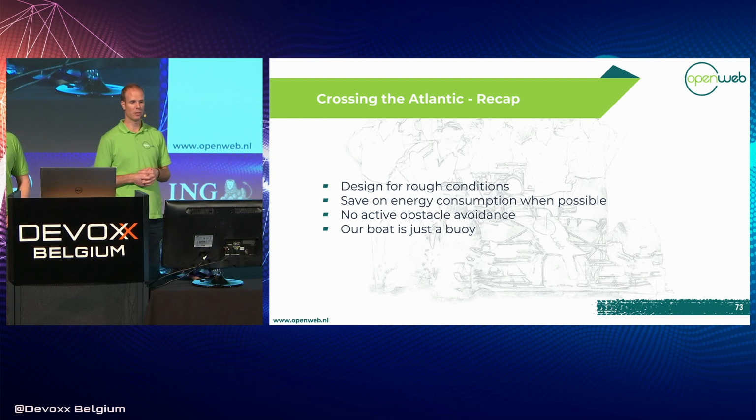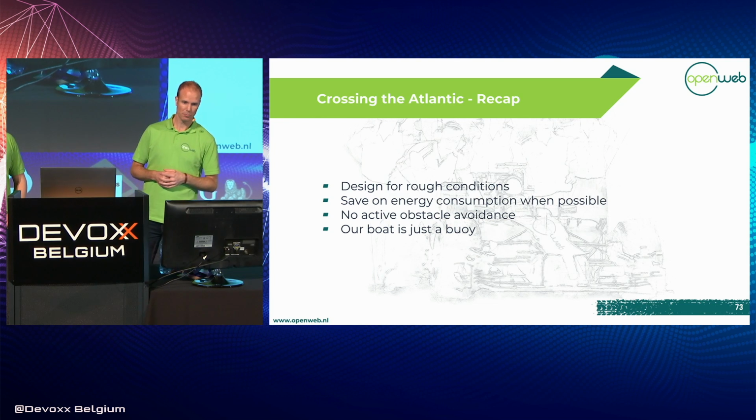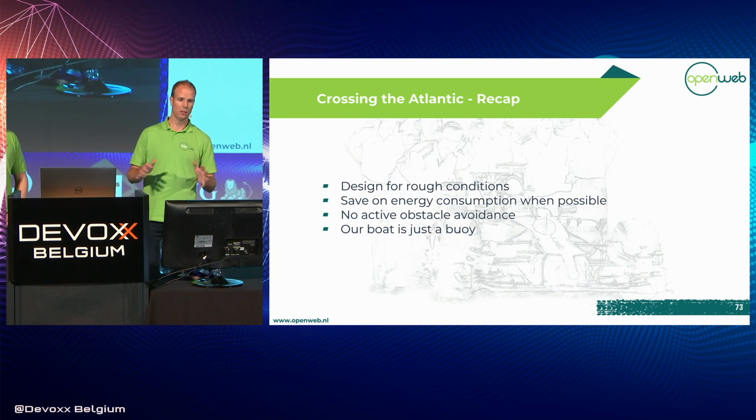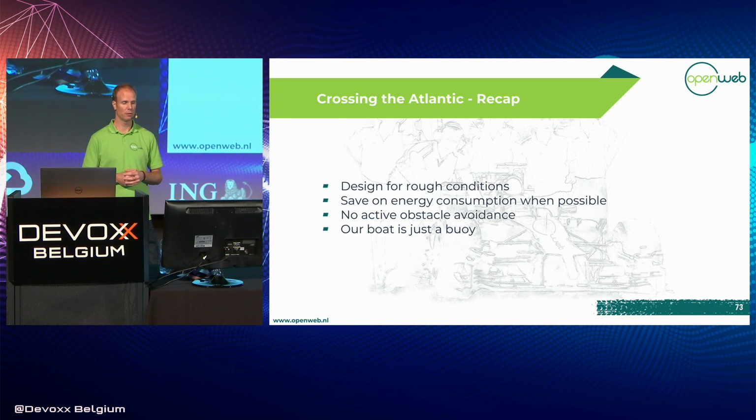That's going to be quite an issue, as we don't have that much area for solar panels. Active obstacle avoidance is something that we will not use, as for now, anyway. We call our boat just a buoy, and then we can comply with the regulations.